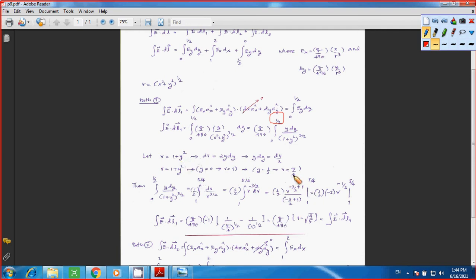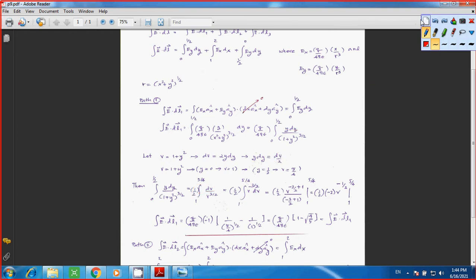So that gives you 5 over 4. Then for the integration, y dy over 1 plus y squared to the power 3 over 2, you end up with that your dv over 2 is actually y dy.